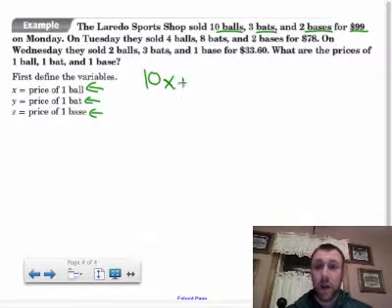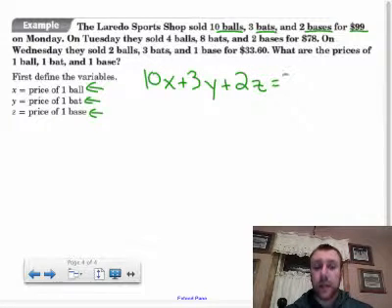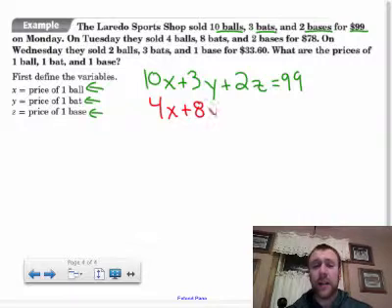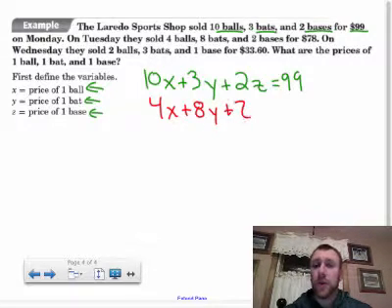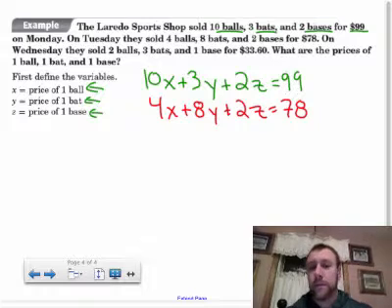Total cost for all that stuff that I added together is 99 bucks. Second equation, same process. 4x plus 8y plus 2z equals 78. Because again, the total cost is found by adding all the prices from each individual thing.